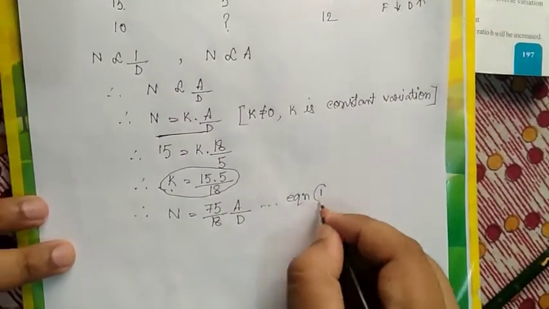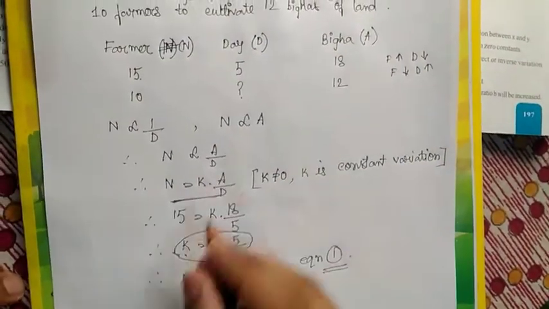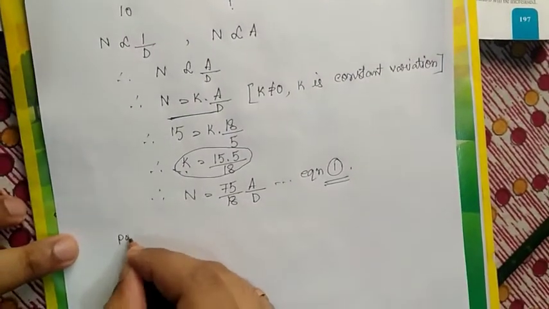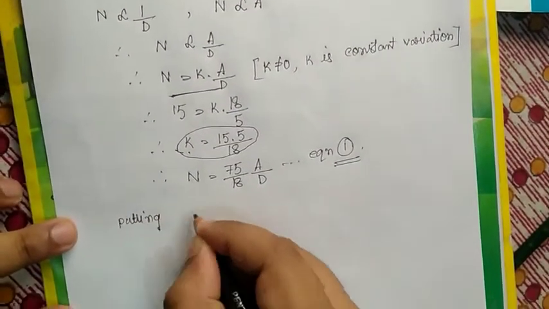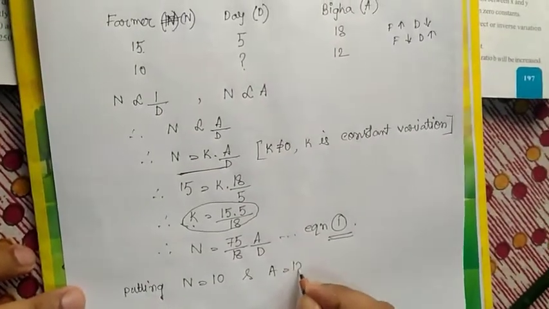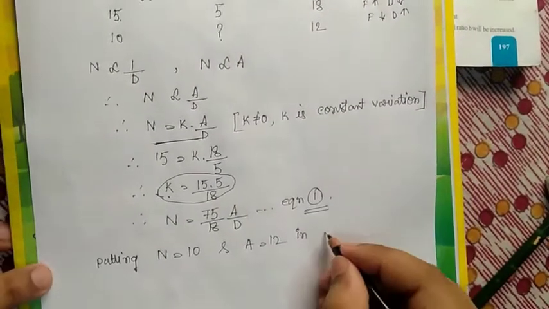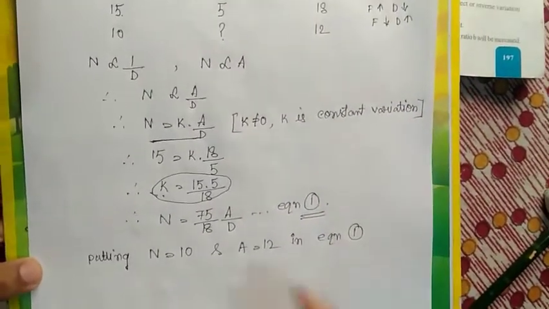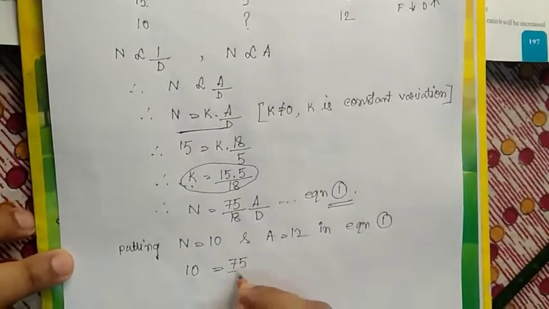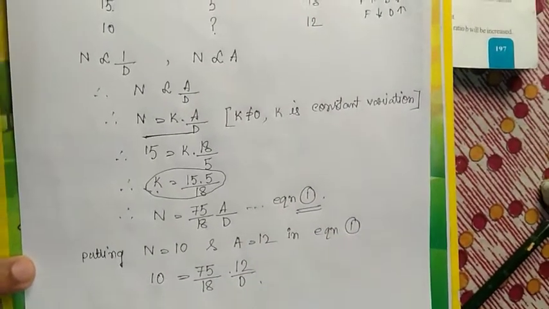equation 1. Now we know farmer is 10 and bigha is 12. So putting n equals 10 and a equals 12 in equation 1, we get 10 equals 75 by 18 into 12 by d.